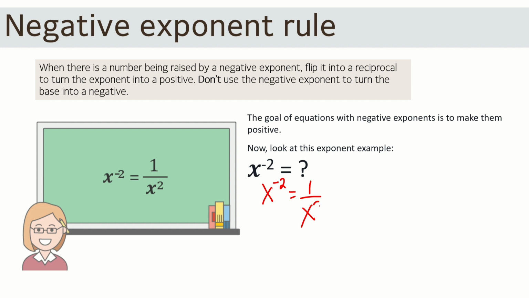Flip the numerator into the denominator and vice versa. When a negative number switches places in a fraction, it becomes a positive number, just like what we have here. So if we have x raised to negative 2, when we get the reciprocal, the answer now is 1 all over x raised to 2, which is in positive exponent.